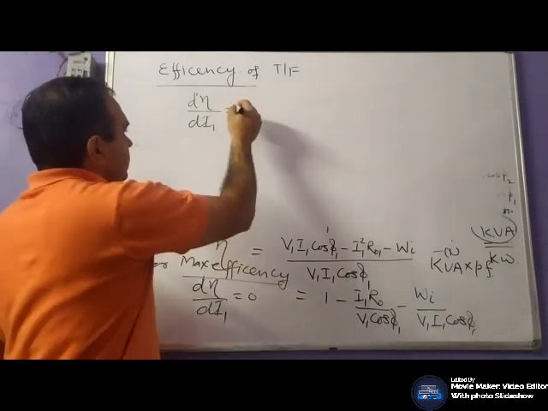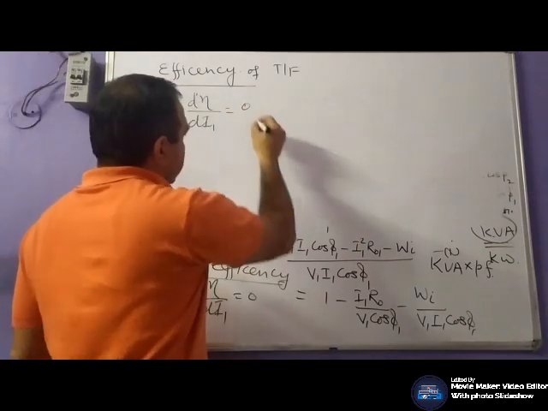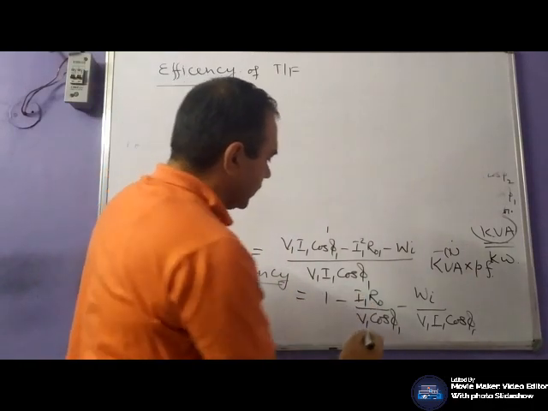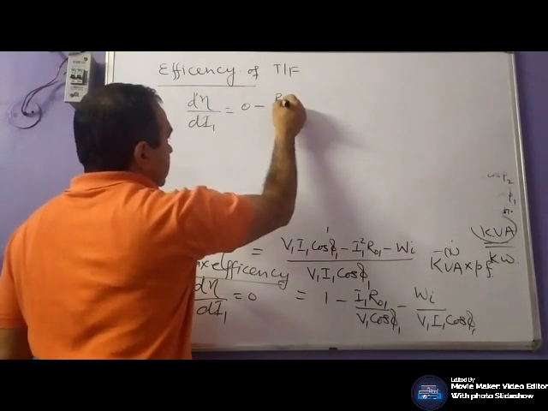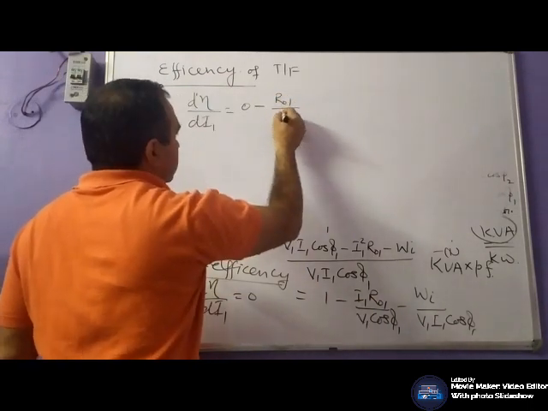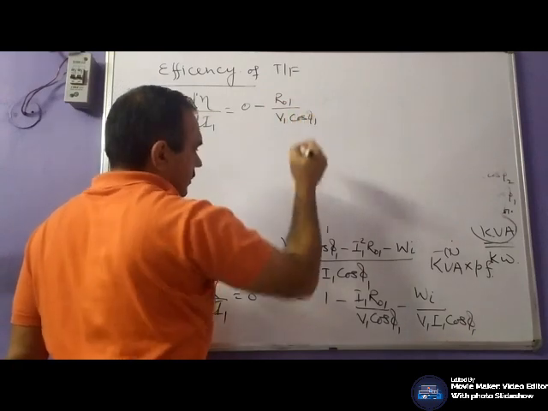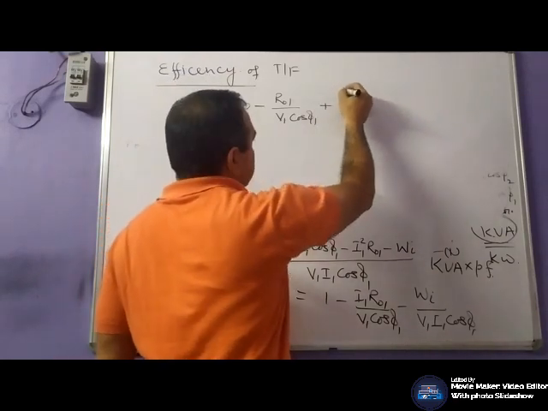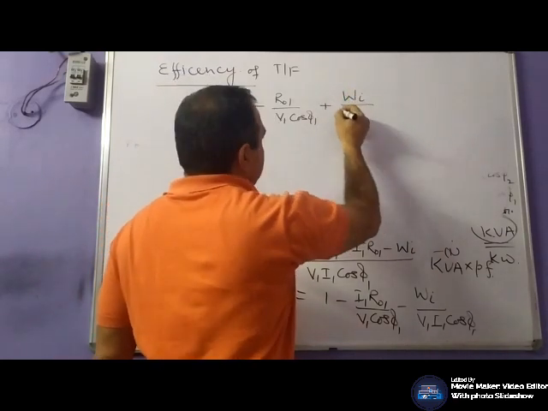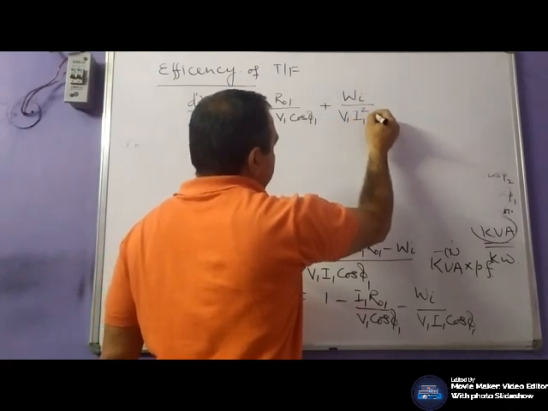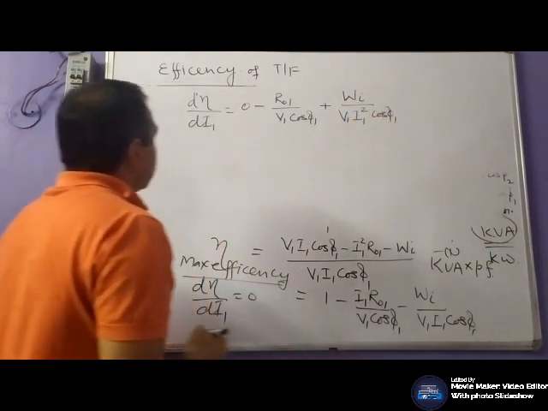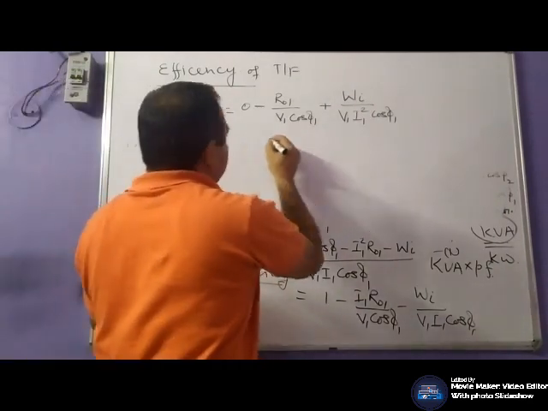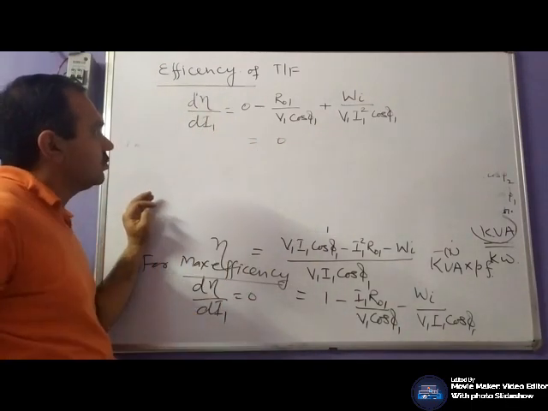Differentiation of 1 is 0, minus, differentiation of I1 R naught 1 over V1 cos phi 1 is R naught 1 over V1 cos phi 1, and differentiation of the last term would give plus iron loss over V1 I1 square cos phi 1. And your efficiency would be maximum when this should be equal to 0.